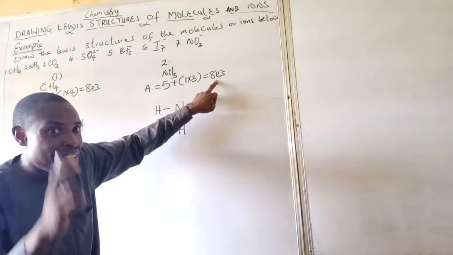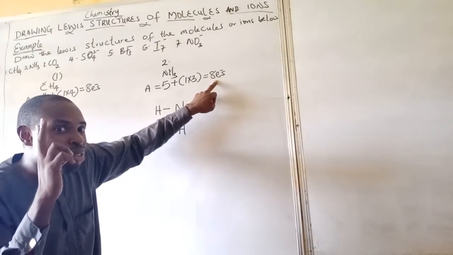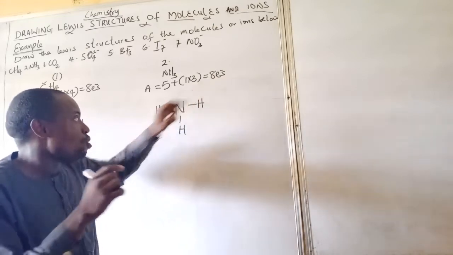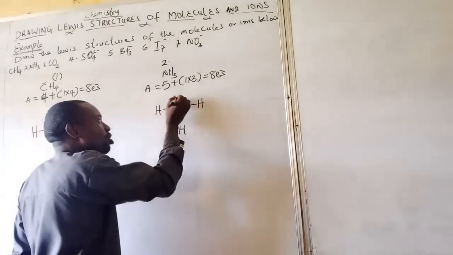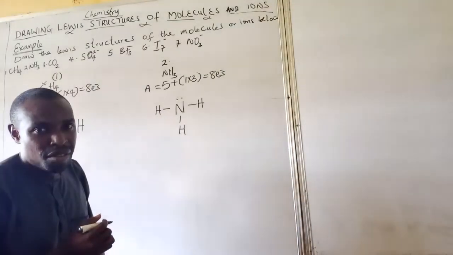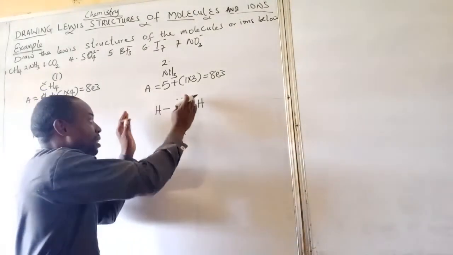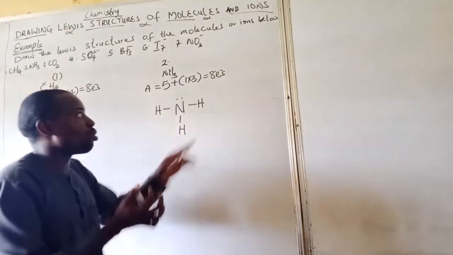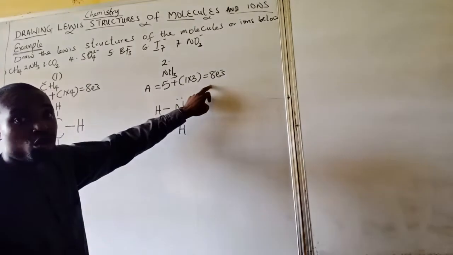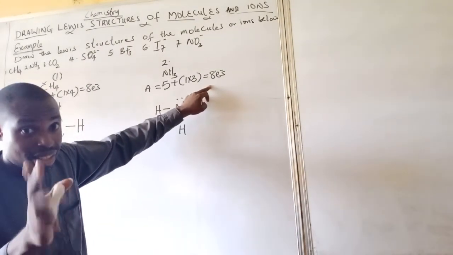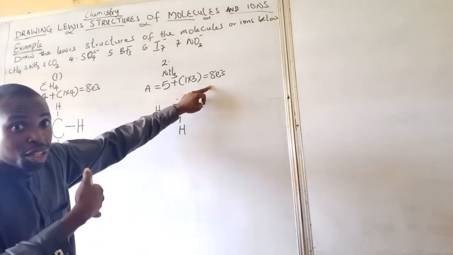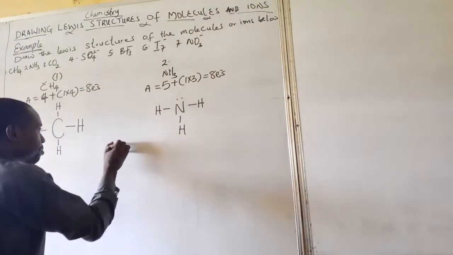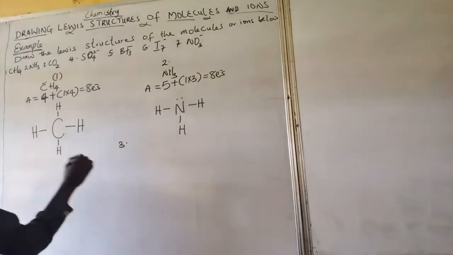No. So it means that 2 electrons are left, so those 2 electrons we now have to put on the central atom because they remain. So as it is now, I'm having 2, 4, 6, 8, which is now equal to the magic number. It's clear. So we move straight away to the next example, which is CO2.